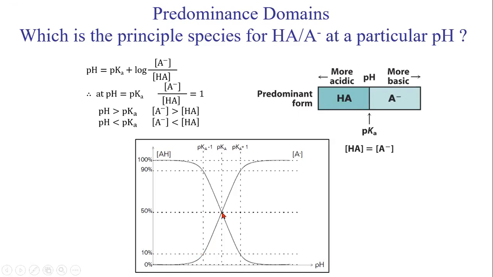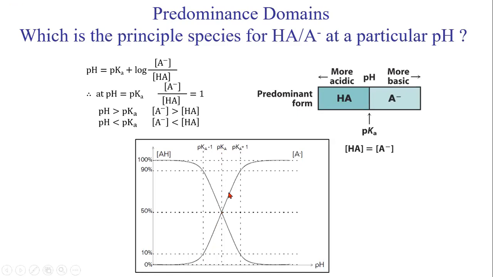Up until what? Up until I get 50-50 amounts, equal amounts of HA and A minus. That's 50% of my solution is HA, 50% is A minus. This is when the pH equals my pKa, absolutely.